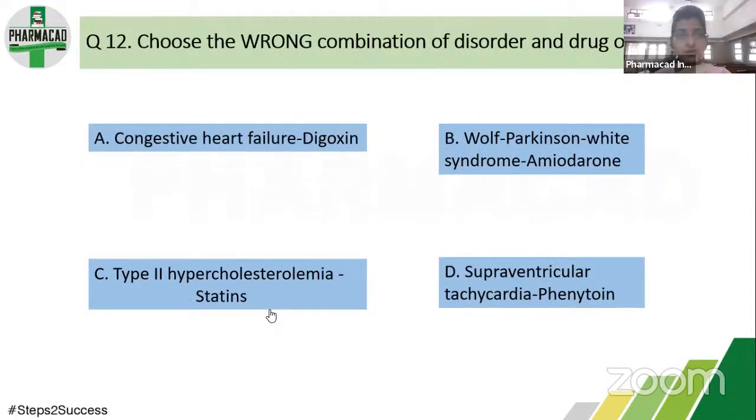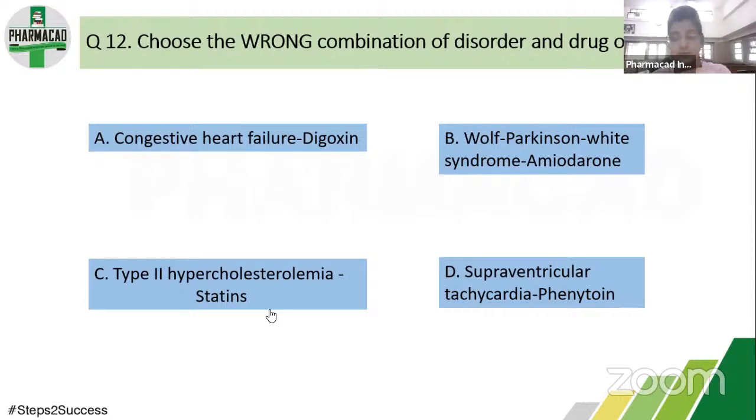So, choose the wrong combination of disorder and the drug of choice. Let's have a look at the options. The first option is congestive heart failure and digoxin. Next says Wolff-Parkinson-White syndrome, and the drug is amiodarone. Option C says type 2 hypercholesterolemia, and the drug of choice is statin.